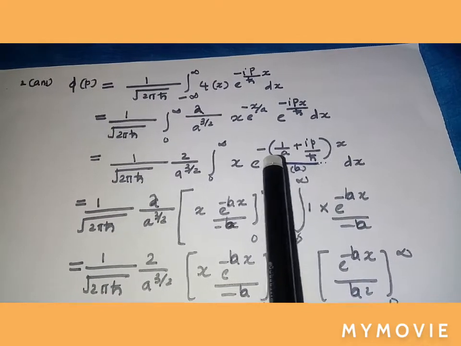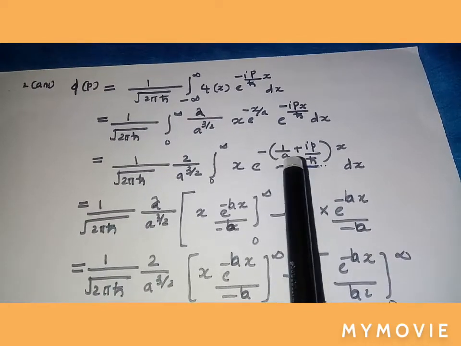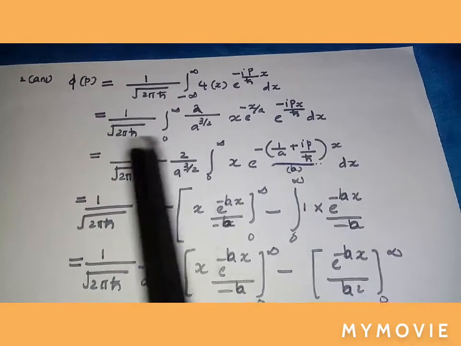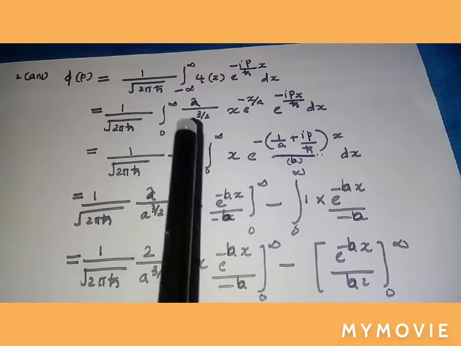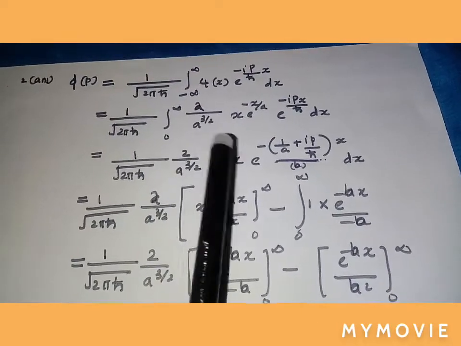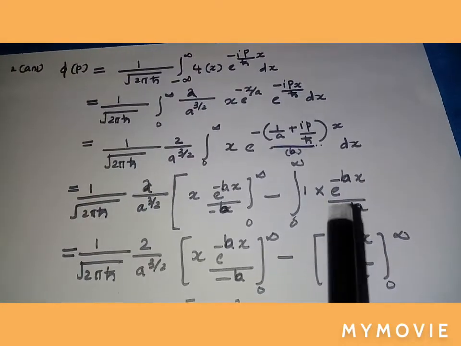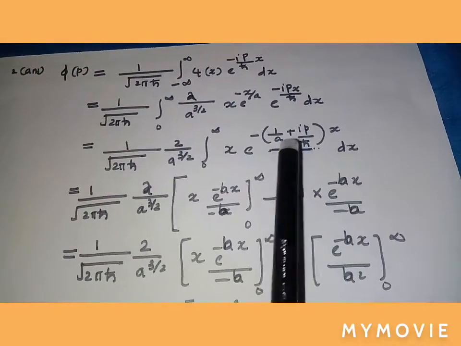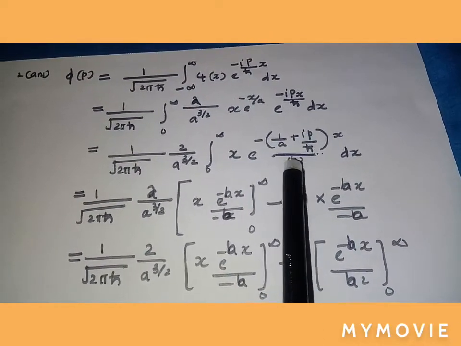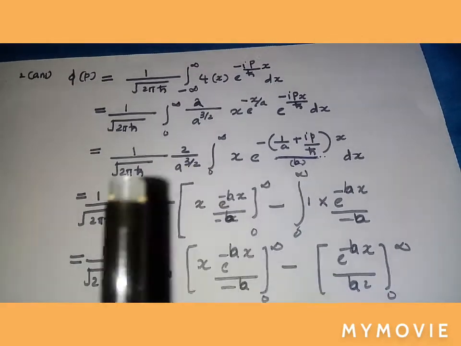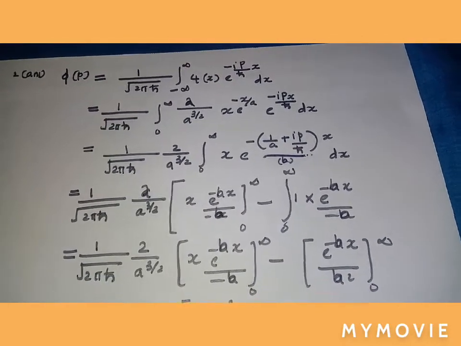So we can write it as e raised to minus of (1 by a plus i p by h cut) into x. Here 2 by a power 3 by 2 is a constant and is taken outside. And here, the constant is termed as b, so we have e raised to minus b x into x.